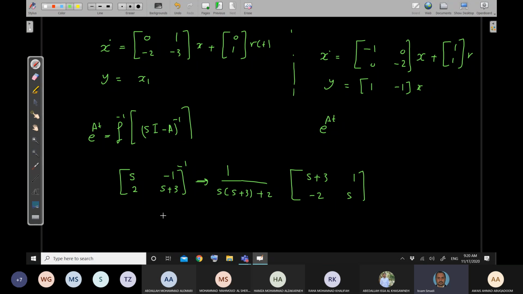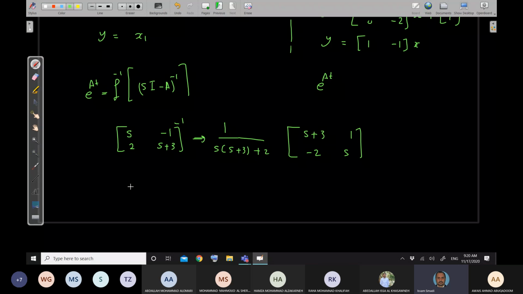Doing the math, the first element will be S plus 3 over S squared plus 3S plus 2. Here I have 1 over S squared plus 3S plus 2, here minus 2 over the determinant, and this will be S over the determinant, correct?